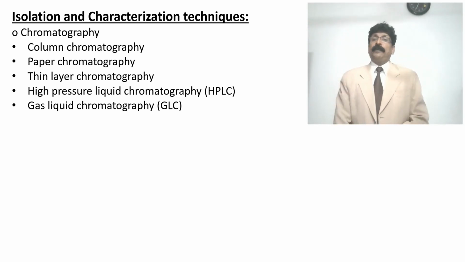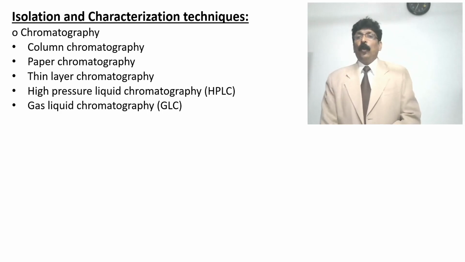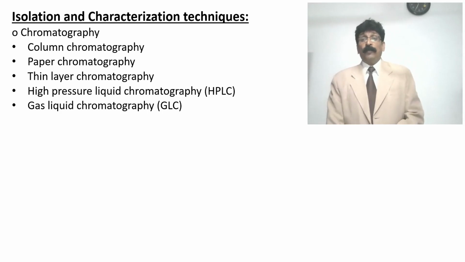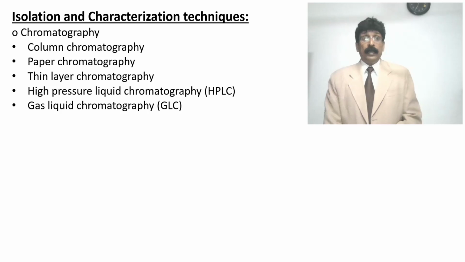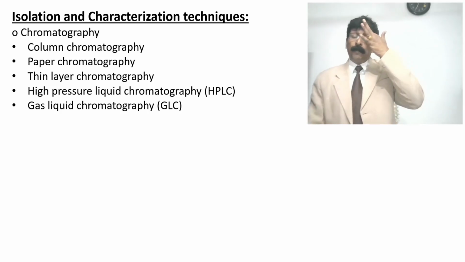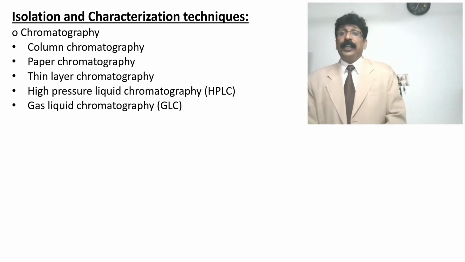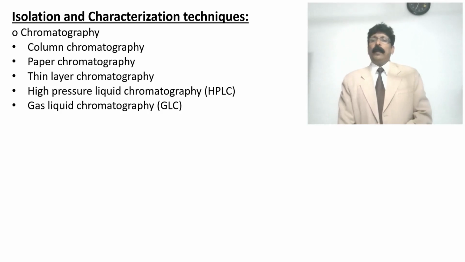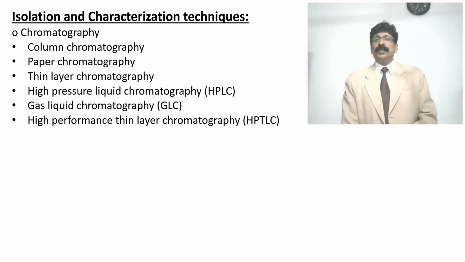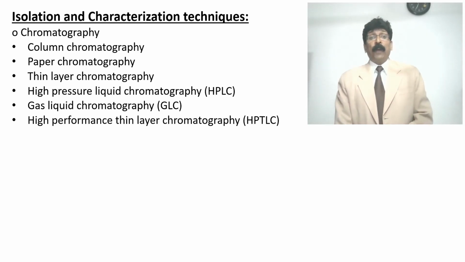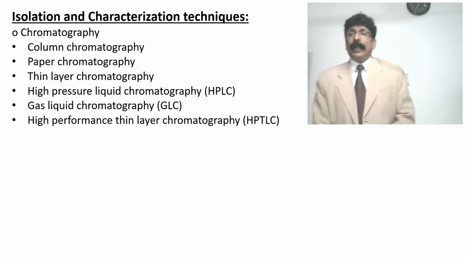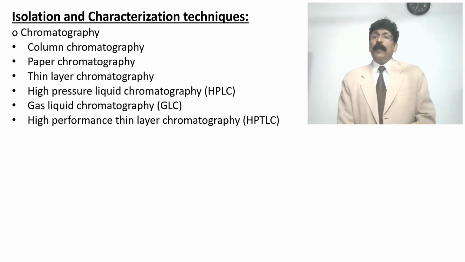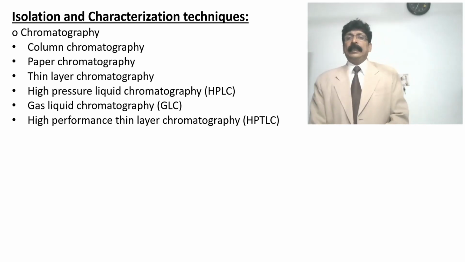Gas liquid chromatography is usually used along with mass spectroscopy, GCMS, for plant constituent identification, phytochemical investigation and characterization. High performance thin layer chromatography, HPTLC, is a very interesting technique, more useful for research in herbal and natural sources.